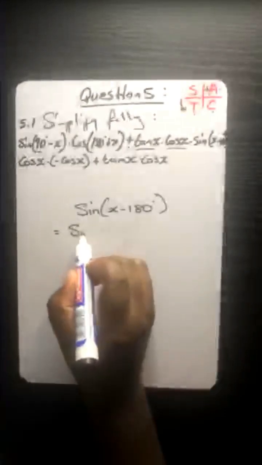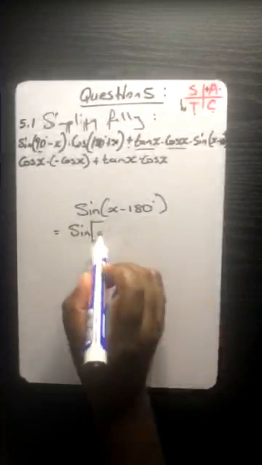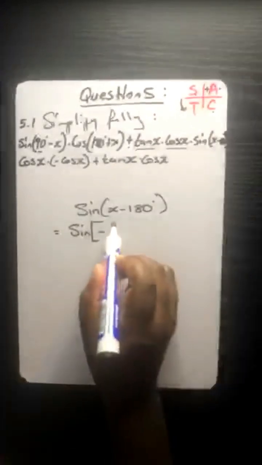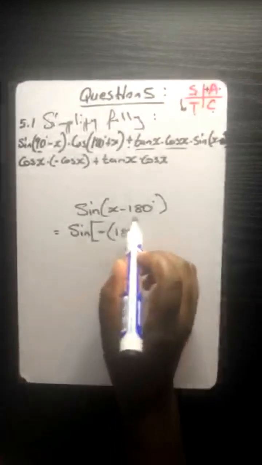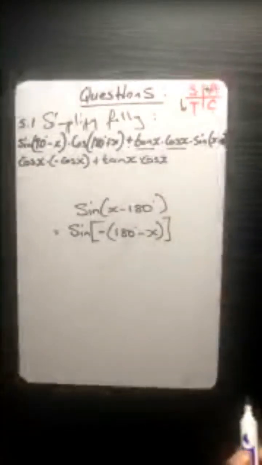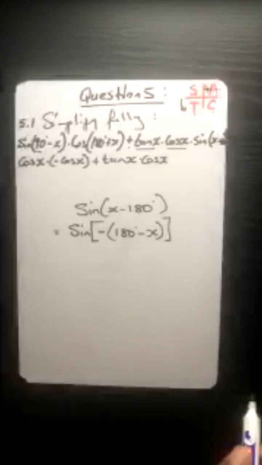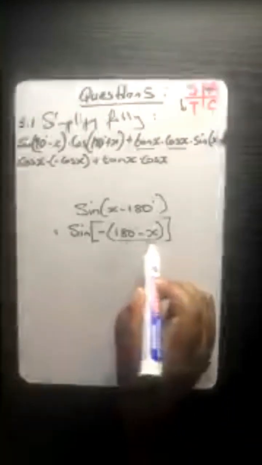So let's take the negative to the outside and say 180 degrees minus x, so that it takes you back to that. For us to end up having positive x, we need negative x in there. Now, can you see, we have written it in the format that we want it to look like.